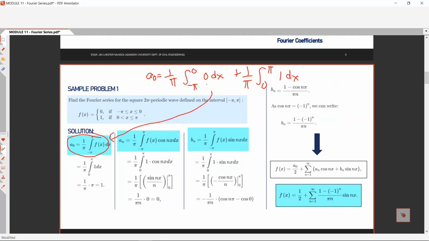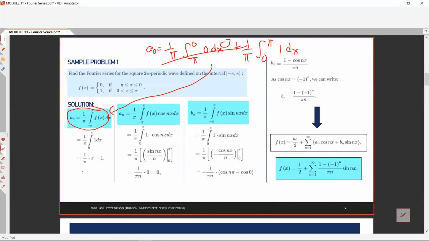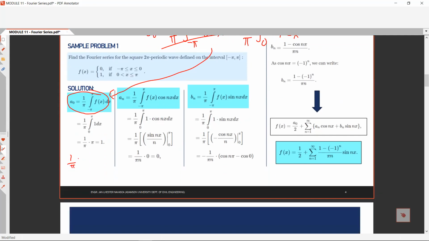However, maka-cancel na lang yung first term, and what we have left is the second term: 1 over pi integral of 0 to pi 1 dx. So you can now integrate 1 dx. 1 dx is just simply x, then substitute this one. So 1 over pi, then the value of x evaluated from 0 to pi.